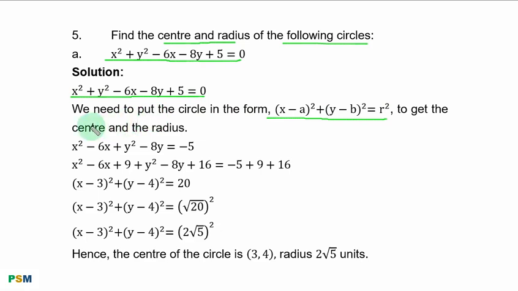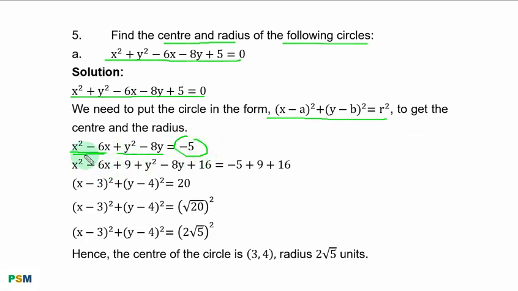We write the given equation and you bring common terms together. That is x^2 - 6x + y^2 - 8y. Then you transfer the constant term to the right hand side. It becomes negative.